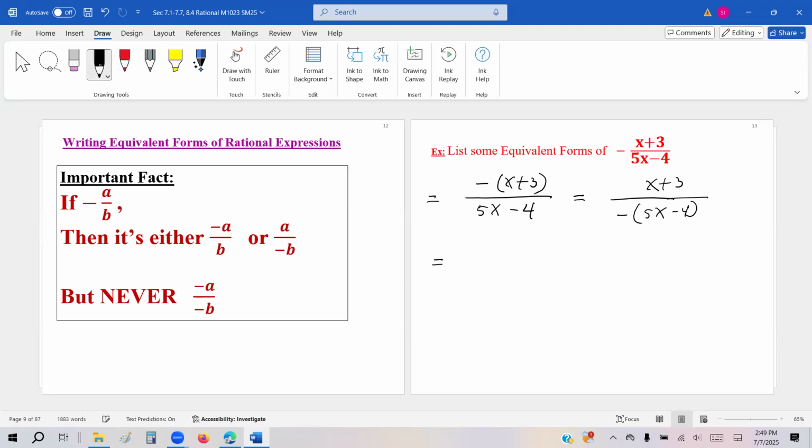Also, this is the same as negative x over 5x minus 4. Also, you're distributing here. So all 5 things are the same thing. I've just written them in 5 different ways, but they represent the same thing. So you can write the negative many ways.